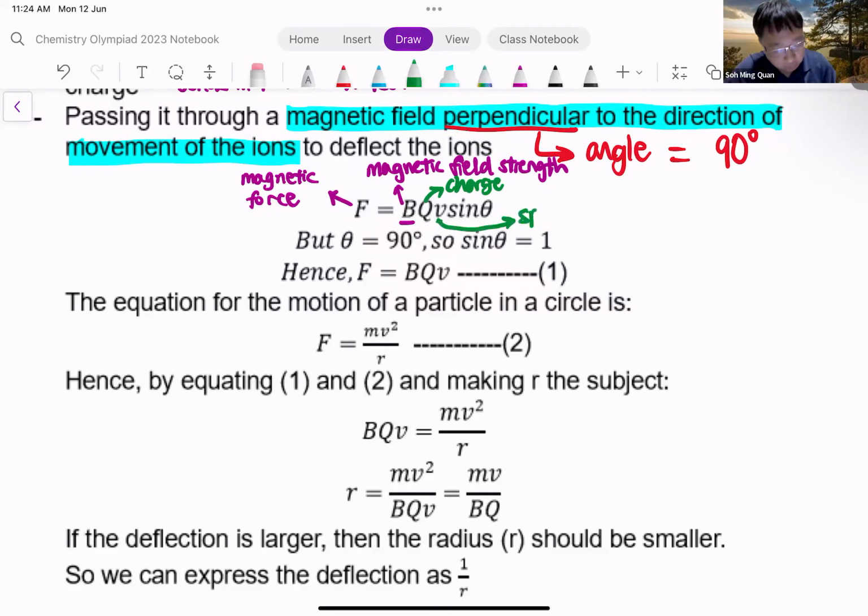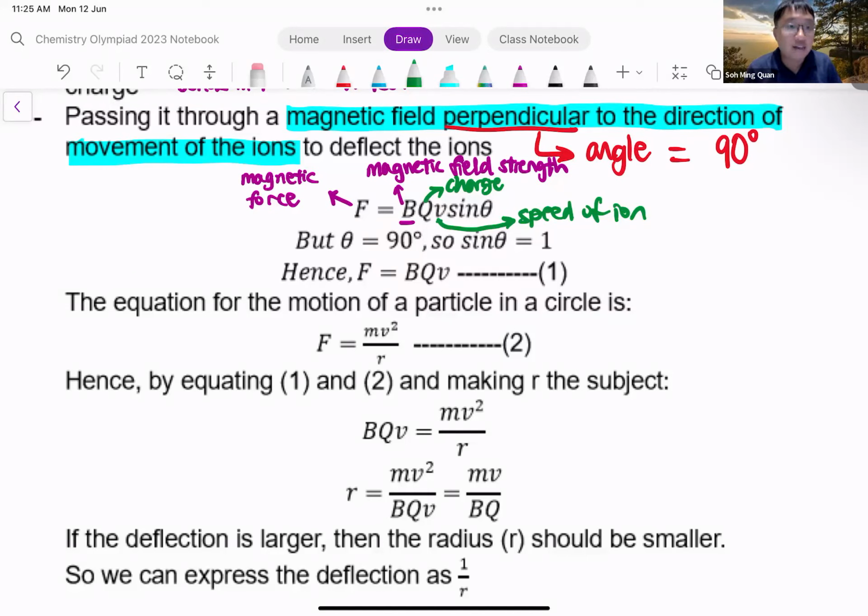V is the speed of the ion. Finally, θ is an angle, but we already know the angle is 90 degrees, because the magnetic field is perpendicular to the direction of movement of the ion. So sin 90 degrees is 1. Hence, you can simplify the equation to F = BQV, because sin θ is 1.